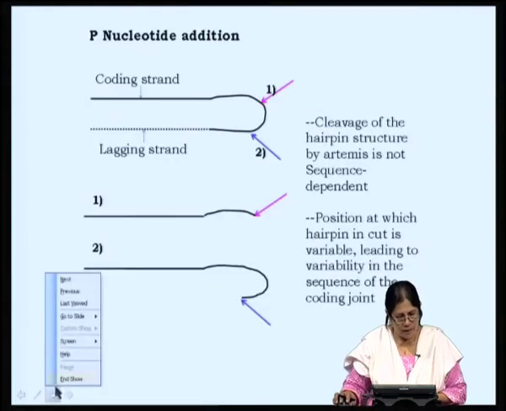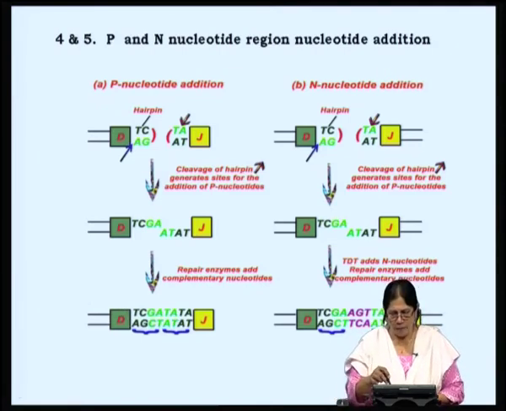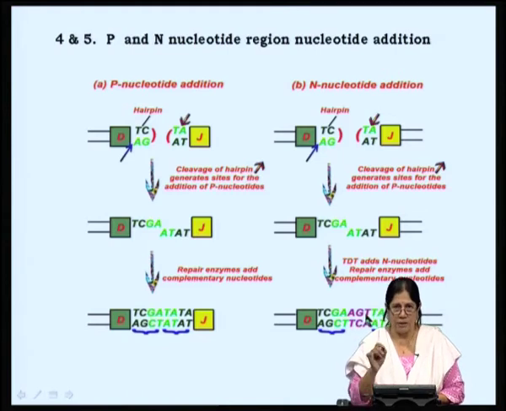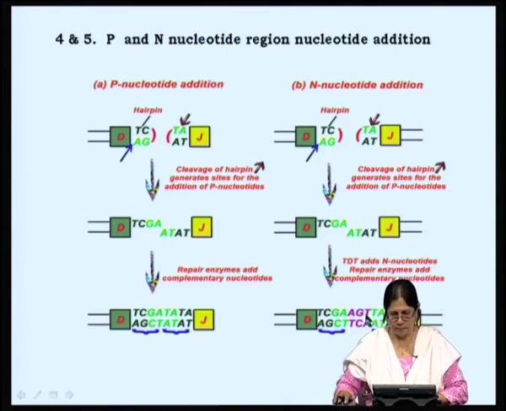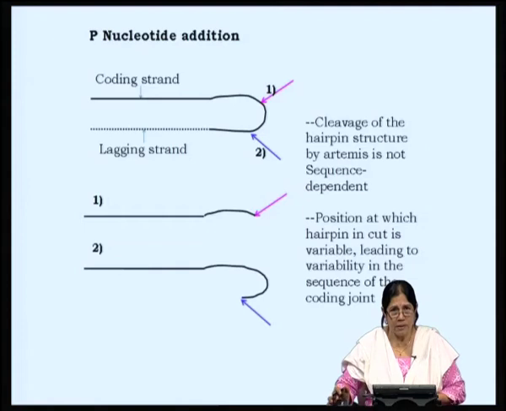It has been seen that there is no preference as such, but if you look at the nucleotides present in this particular DJ joining, then there is a preference for G nucleotides to be added. So now we have two more mechanisms, P nucleotide addition and N nucleotide addition, which contribute to this diversity.